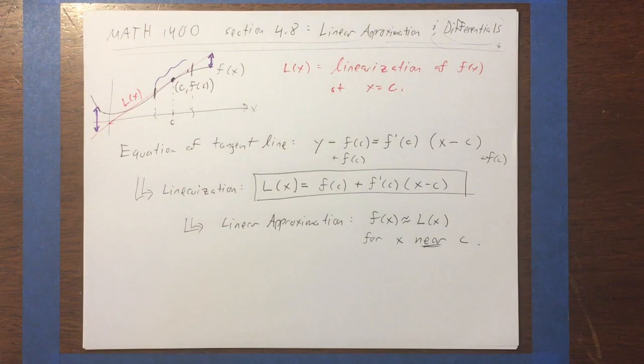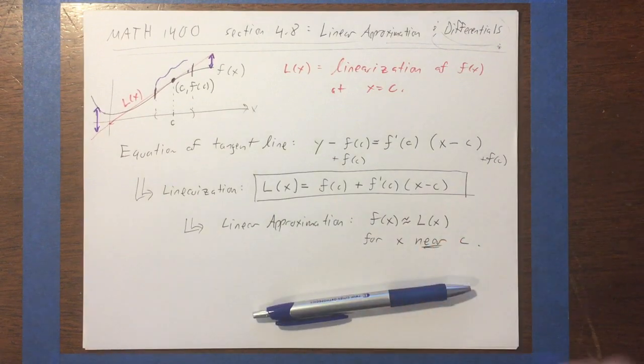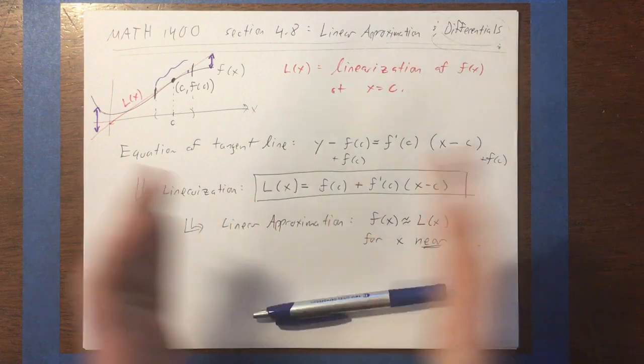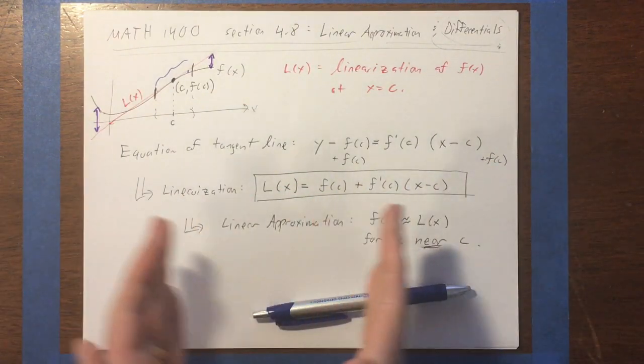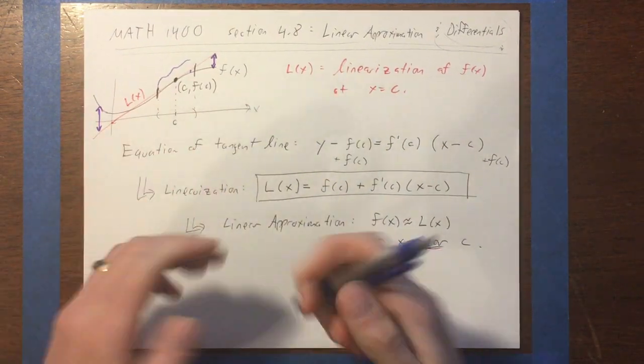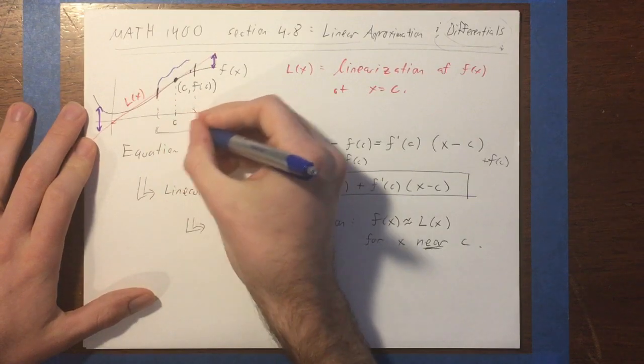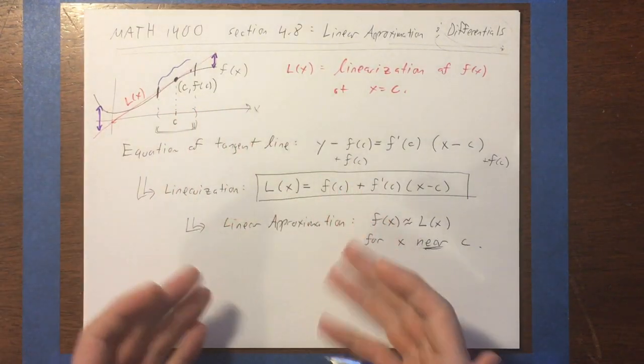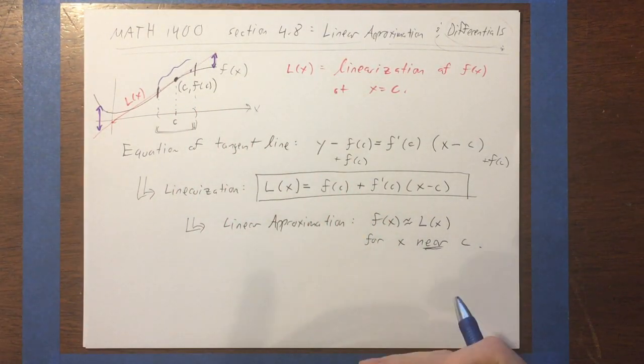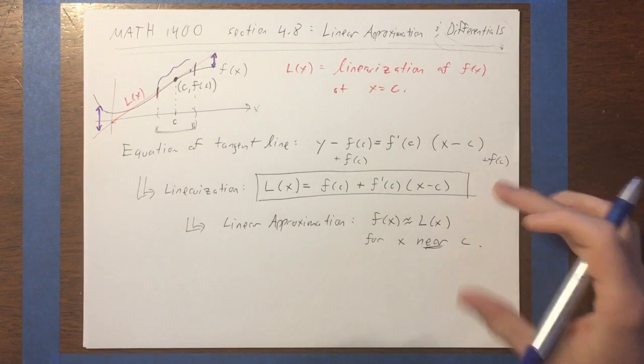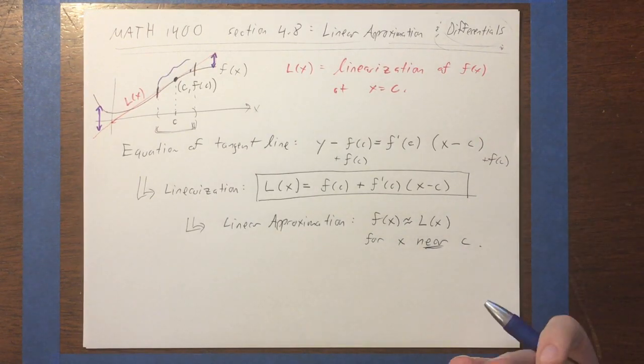And what near means depends on how accurate you need your approximation to be. So I'm going to show you in an example later how you can determine the interval around c, which would be this interval here, how can you determine the width of the interval around c that will ensure that your approximation is accurate to within a certain maximum error that you're willing to accept.